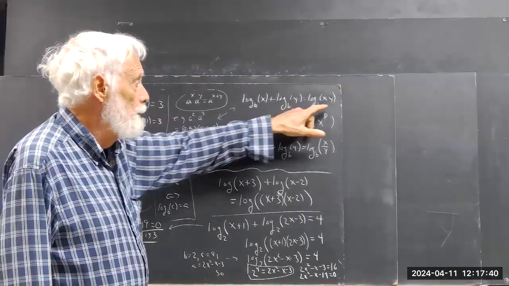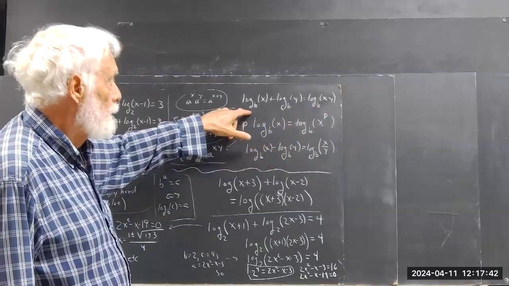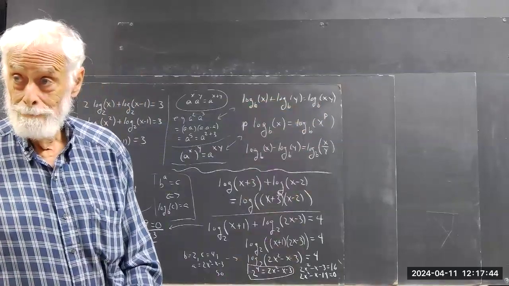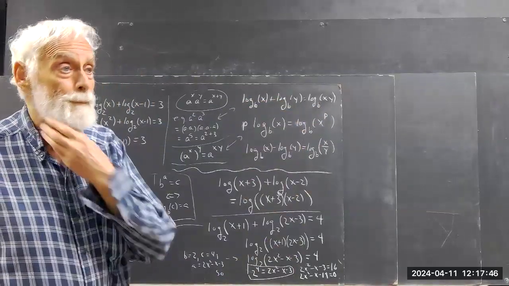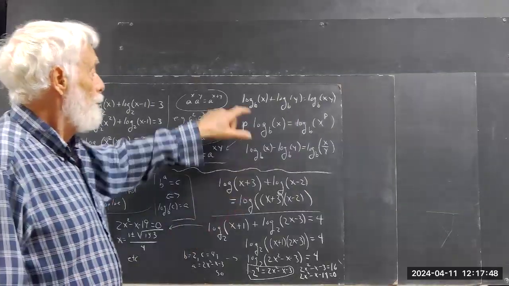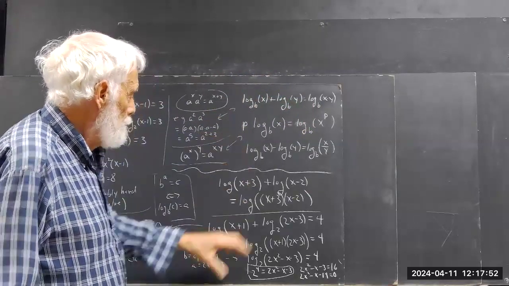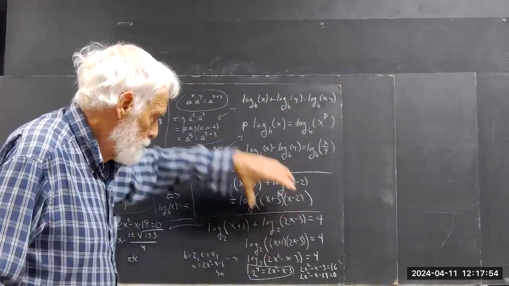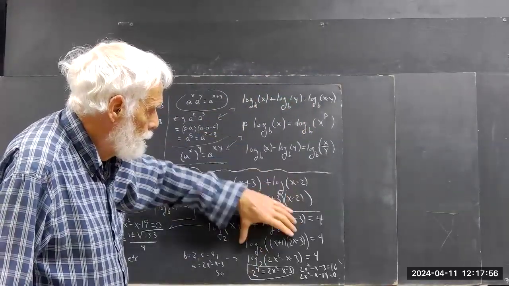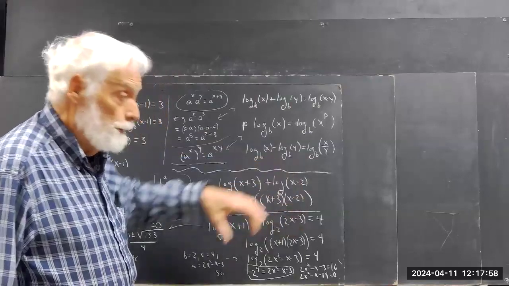If I gave you log of xy, you could write that as log x plus log y, couldn't you? Okay. So we're expanding the logs. If you're given an expression like this, you can contract the logs. You can combine these two logs into the log of a single expression.